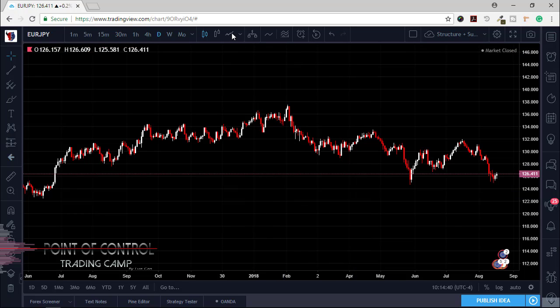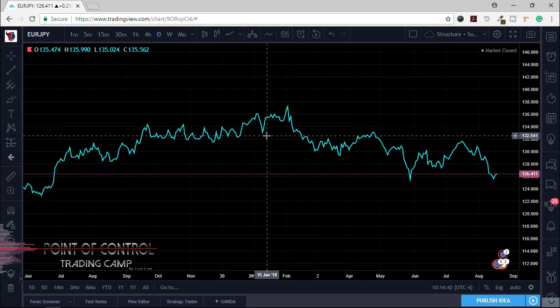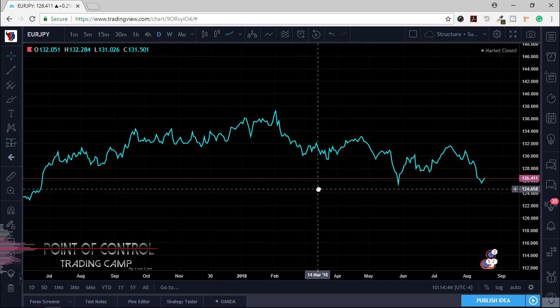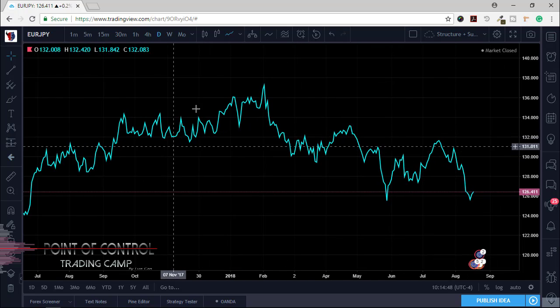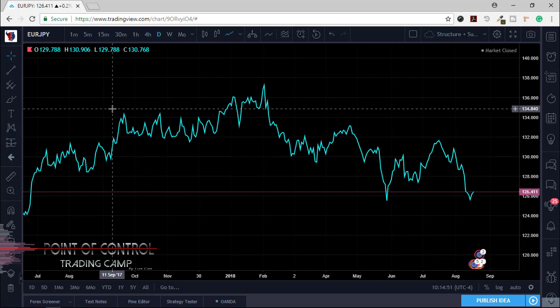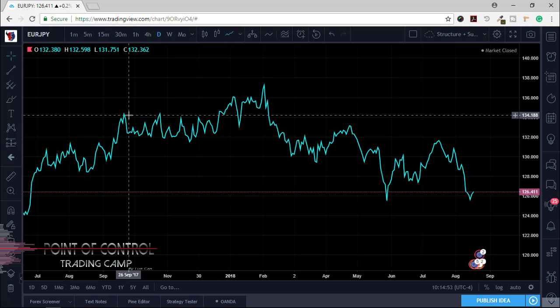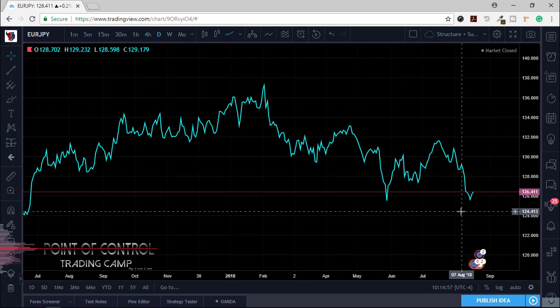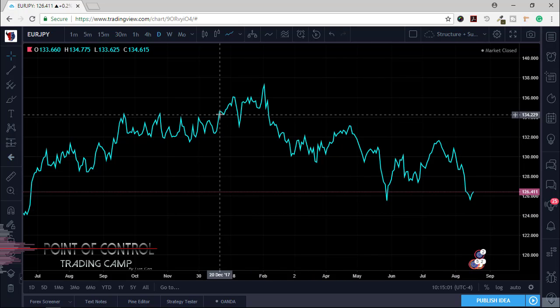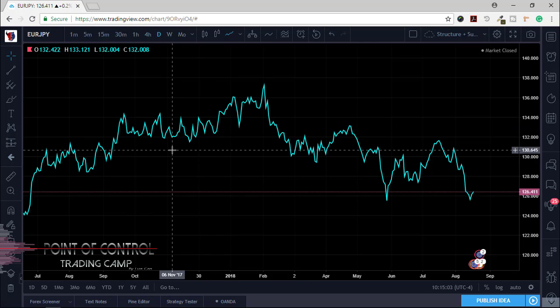The first thing you want to do is go to a line chart. A line chart will help you identify the actual and most exact points where resistance was found. The reason for that is the line chart is designed to show you the closing price.